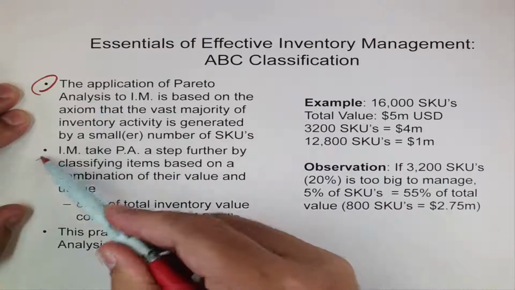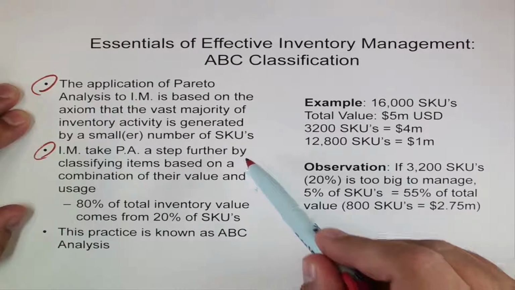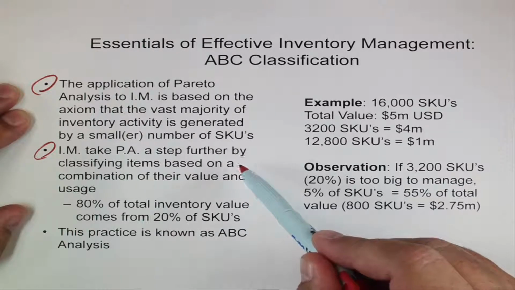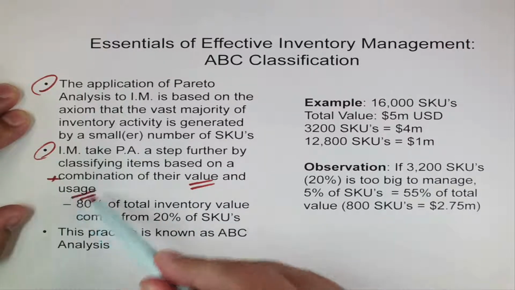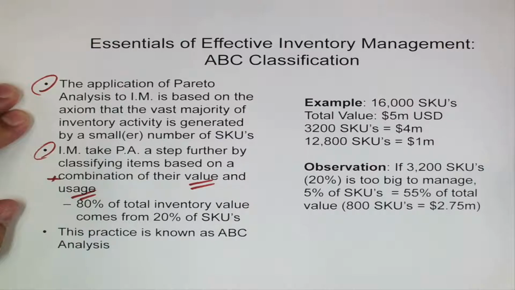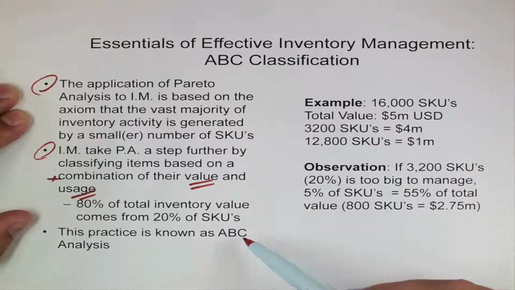Inventory management takes Pareto analysis a step further, and this is important, by classifying items based on a combination of their value and usage. How much is a given SKU worth, and how many pieces a year are we selling? So it's a combination of the two. Based on this principle that 80% of turnover, as it's called, comes from 20% of the SKUs. And this practice is known as ABC analysis, ABC classification.